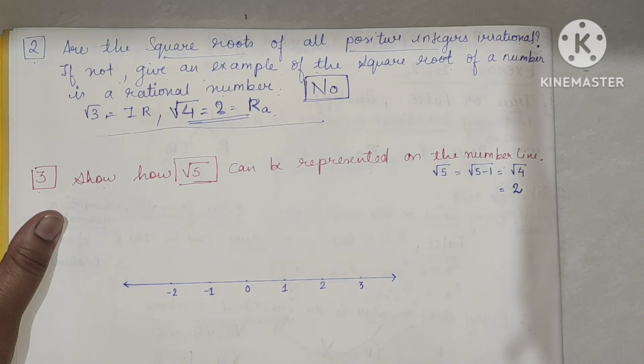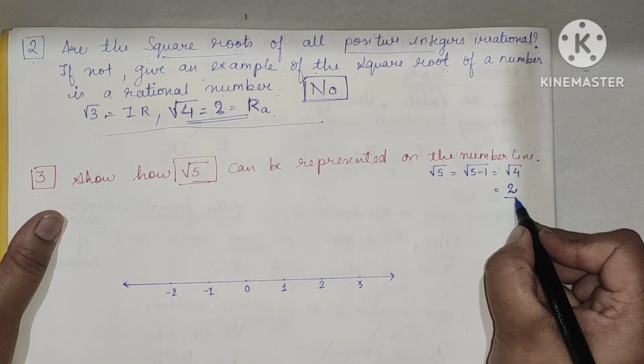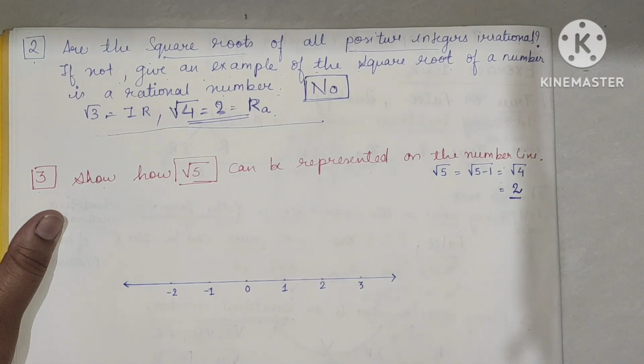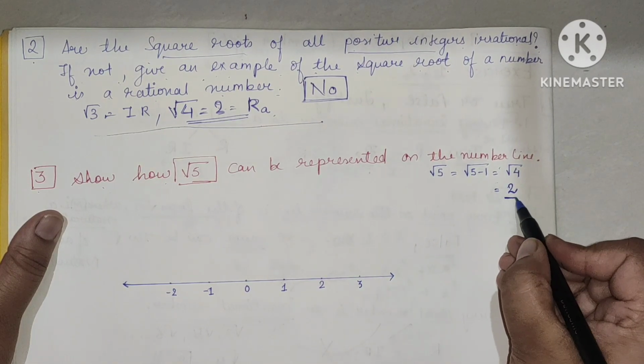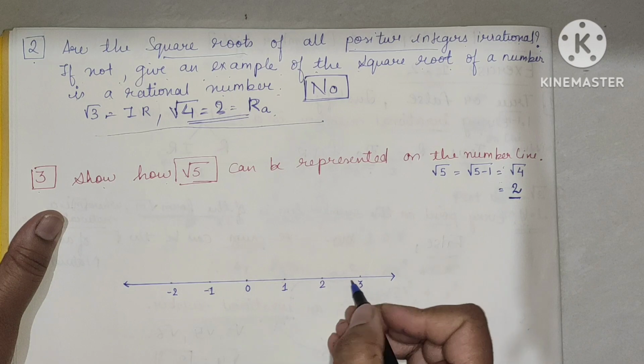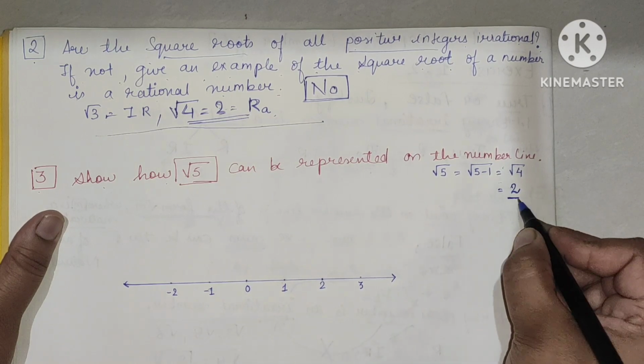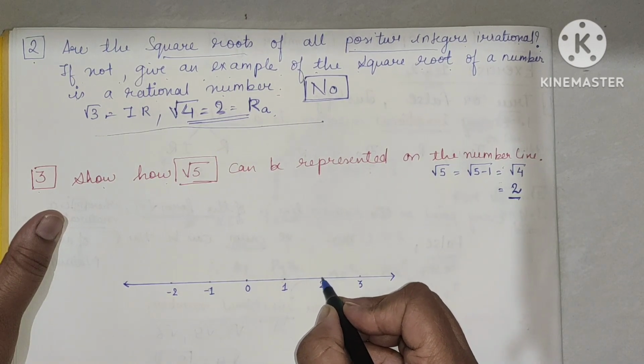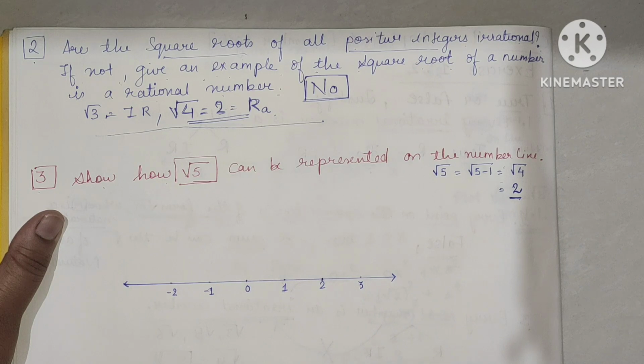So you got that the first point to be plotted on the number line is 2.